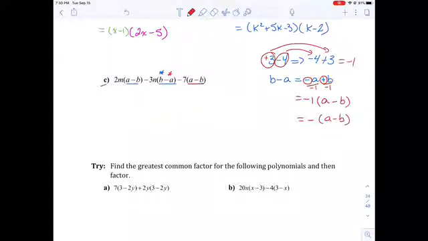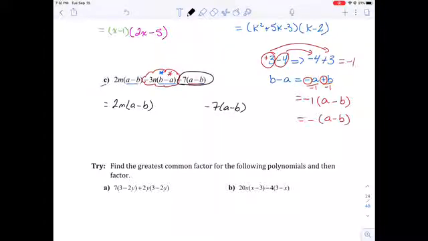So what I want to do is rewrite this middle term. I'm just going to transfer down the first term, 2m times a minus b, and then I'm going to transfer down my third term right here, negative 7 times a minus b, but it's this middle term. So what do I want to do with that?